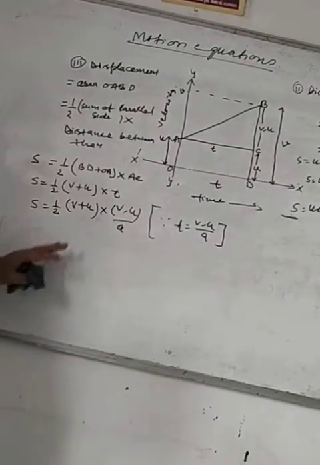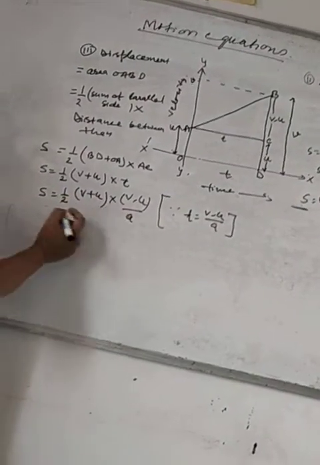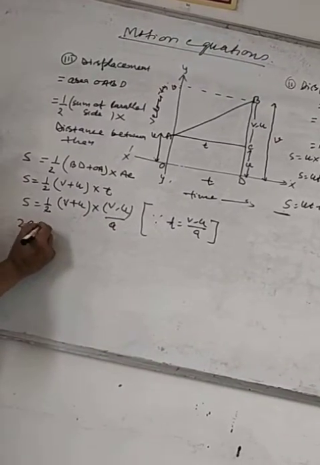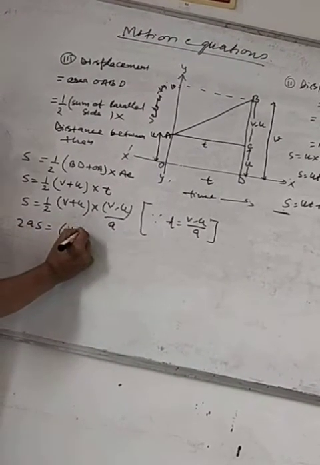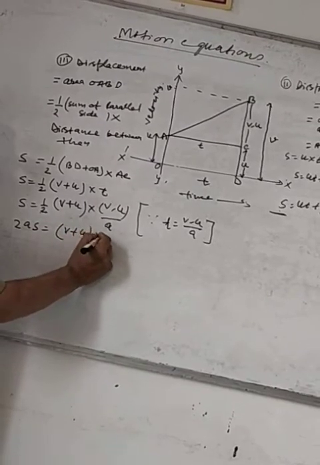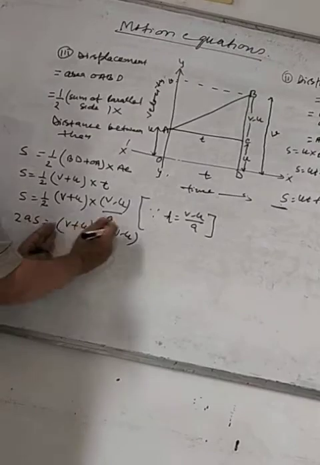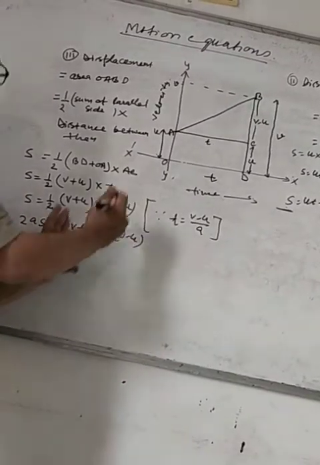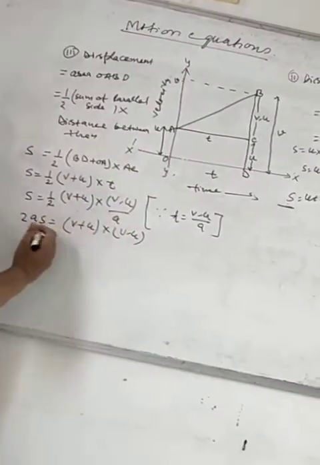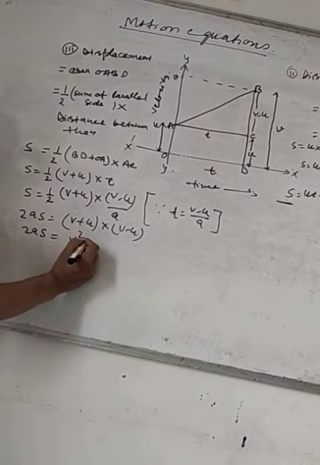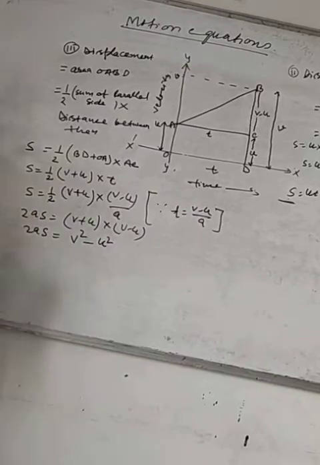And here 2as equal to v plus u into v minus u. Formula is a plus b into a minus b, that is a square minus b square. So 2as equal to v square minus u square.